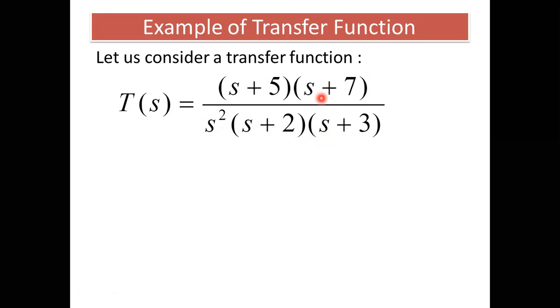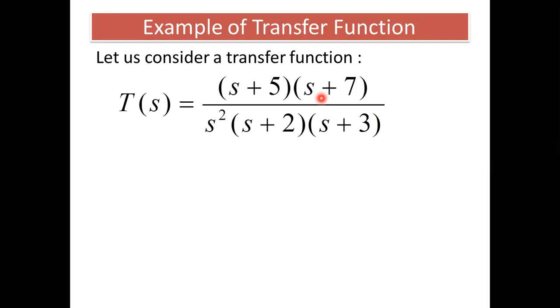Someone can ask how many storing elements your system consists of. Second question could be what is the type of the transfer function. Third question would be what is the order of the transfer function. And the fourth question could be to identify poles and zeros.